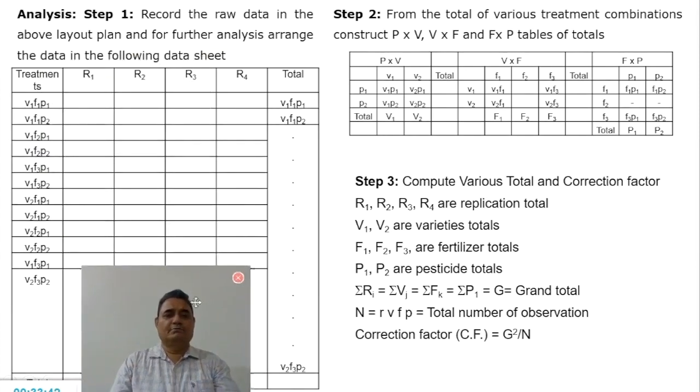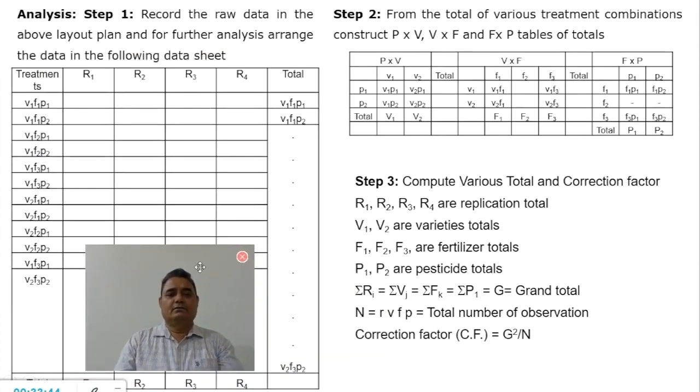In this layout, again, as in the case of two-factor analysis, we prepare a table of all the treatment combinations versus replications. Then we find the sum of each treatment combination over the replications and list it in this column, and in this row we find the sum of all the replications.